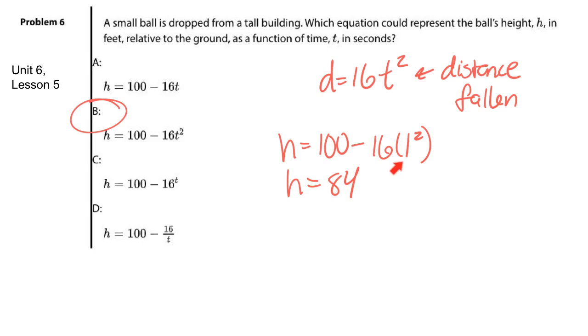And so as an example, if we did this after 1 second, I would plug that in for t, and 100 minus 16 is 84, meaning that after 1 second, it's now 84 feet off the ground. And so that would mean if we started at 100, right here, now we're going to be down to 84 after 1 second. It's just going to keep falling, and that makes intuitive sense. And so B is the correct answer there.